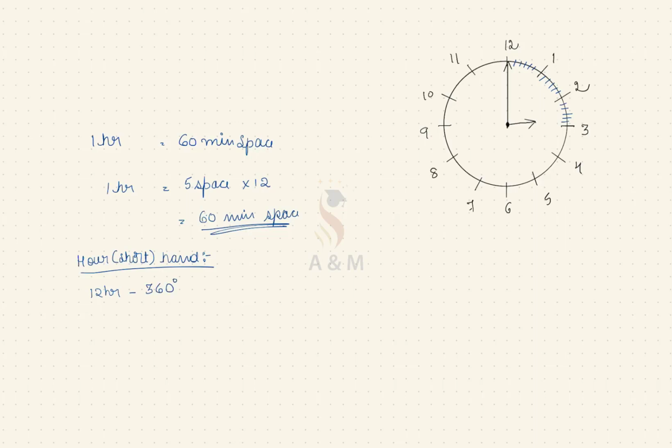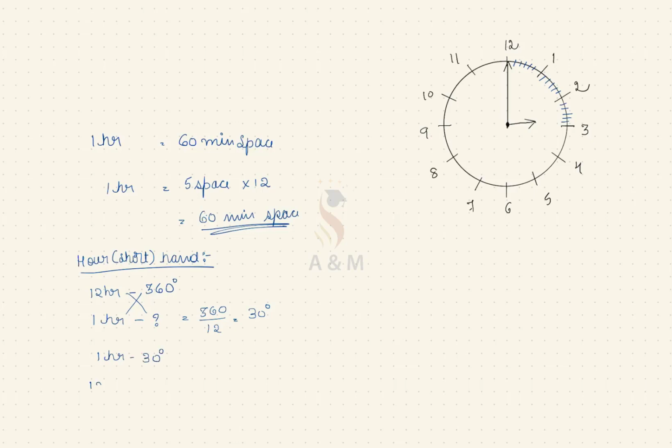Therefore for 1 hour how much degree does it take? That is, for 1 hour what will be the degree? It's nothing but the cross multiplication. 360 by 12, that is 30 degree. Now you have got 1 hour is 30 degree, correct? 1 hour, 30 degree it is.